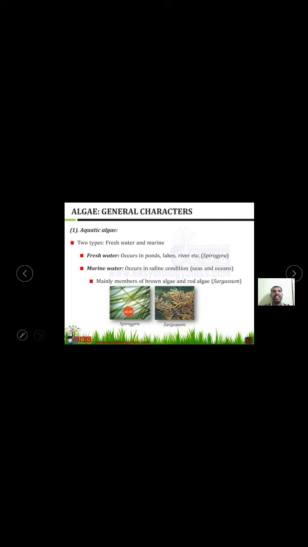Now I will explain aquatic algae in depth. Aquatic algae are again classified into mainly two types: freshwater and marine water. Freshwater algae grow in ponds, lakes and rivers; these include Spirogyra. This is very important.